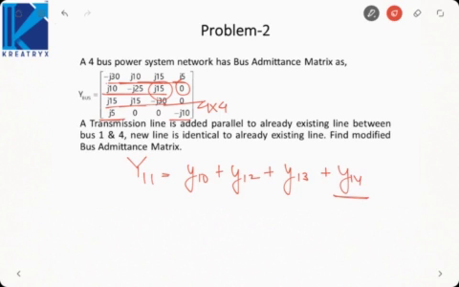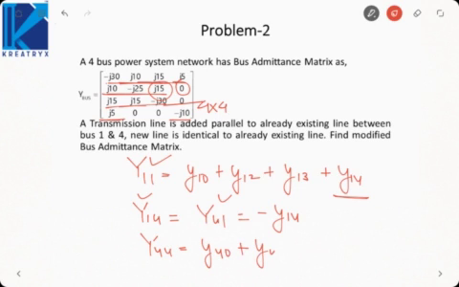So this element is coming here, so this will get affected. y14 is y41, that is equal to minus y14. This will also get affected. Similarly, y44 is 40, 41, 42, 43. So y41 and y14, this will also get affected. So 4 elements in total will be getting affected.